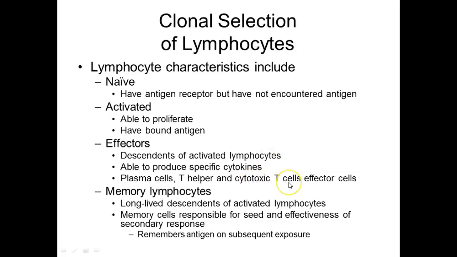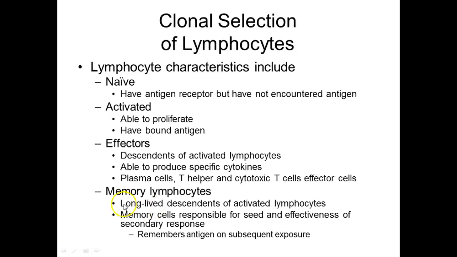For a cytotoxic T cell, that's a cell that now is hunting down the bad guys, cells that are infected, and they're going to kill them. But the first step is activation and proliferation, and then you're going to differentiate into these effector cells.